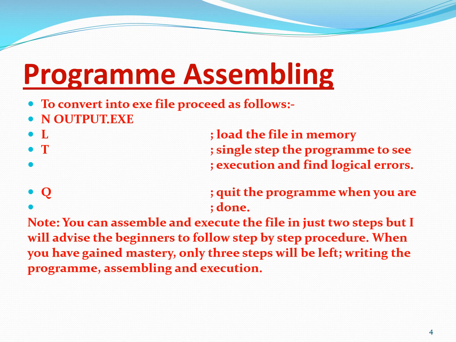Therefore you have to single step the program, which will help you in execution and in finding the logical errors. After having done that, you give the command Q, and quit the program when you are done.